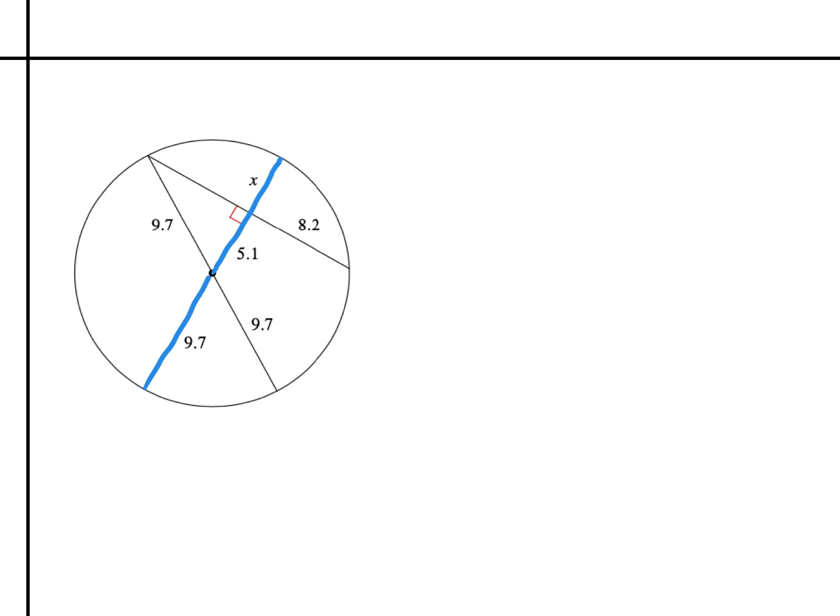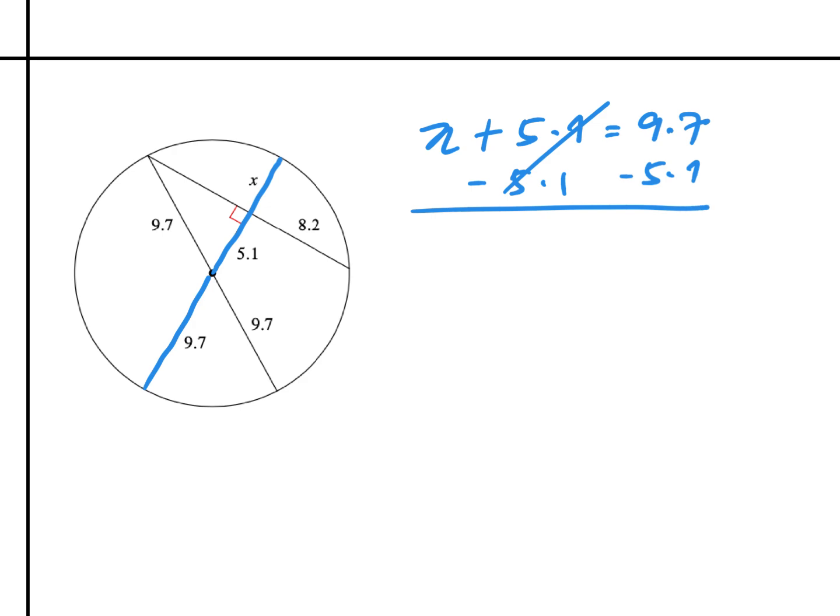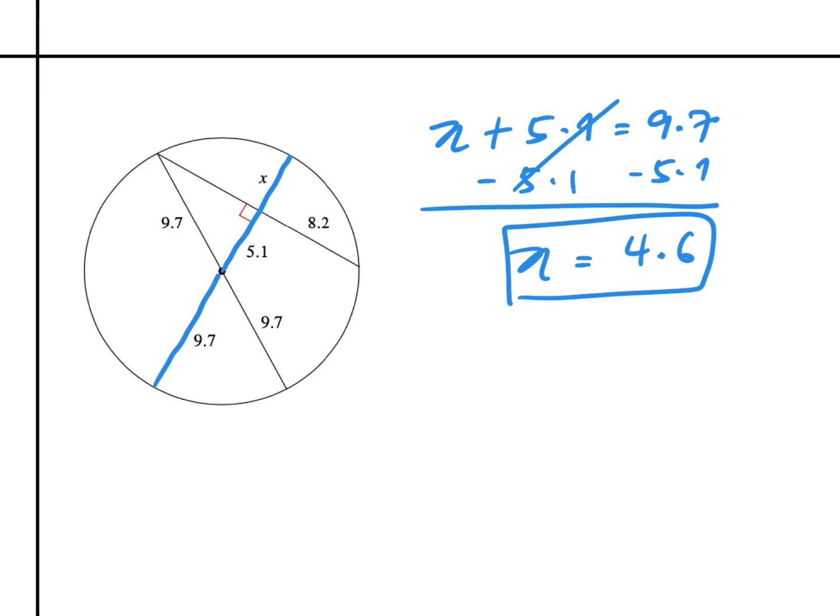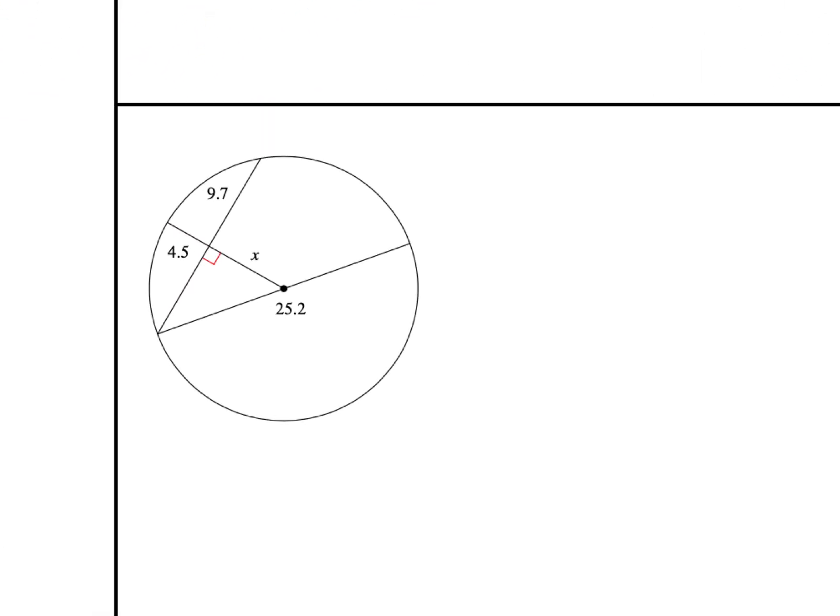It means to say that x plus 5.1 is equal to 9.7, so we subtract 5.1 from both sides. Therefore, the value of my x here is going to give you 9 minus 5 is 4, 7 minus 1 is 6, 4.6. Okay, let's go for the next one.